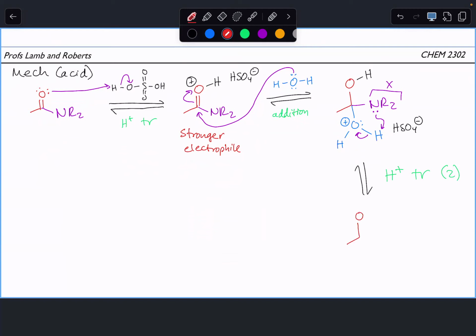We're just trying to get our tetrahedral intermediate into a position to do the elimination step. So one, we don't want our incoming nucleophile to be positive, and we need to make a better leaving group. That was the purpose of those two proton transfer steps.